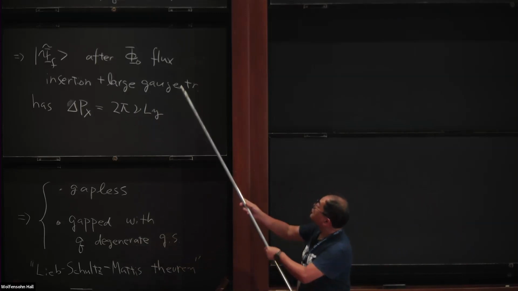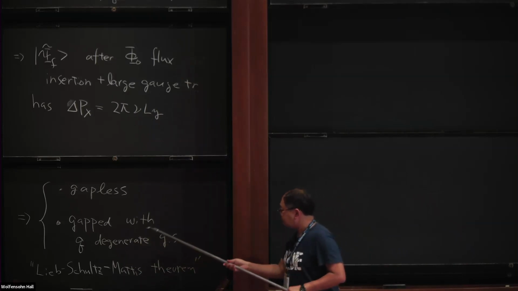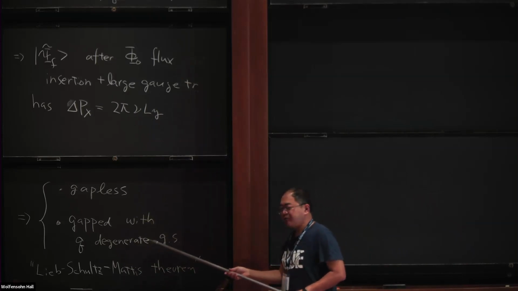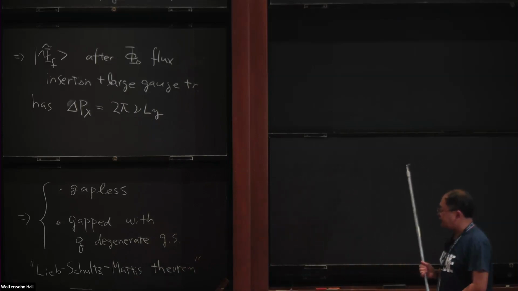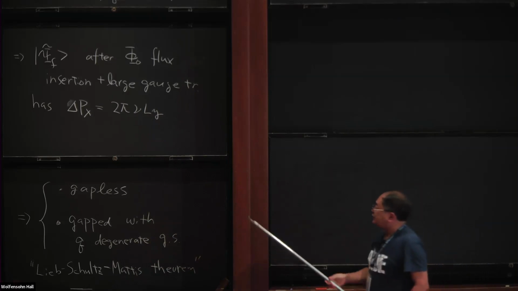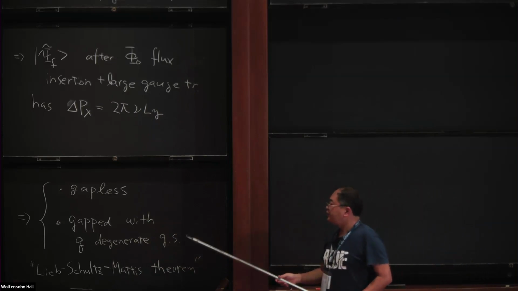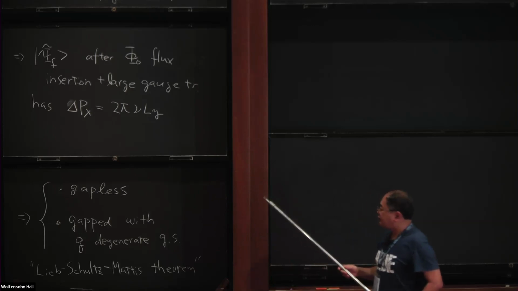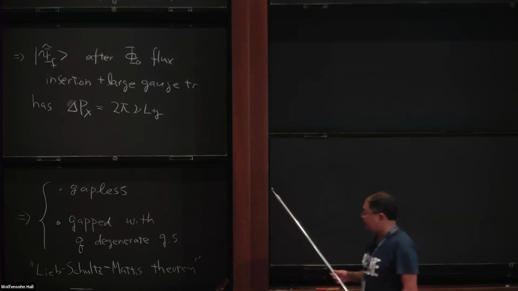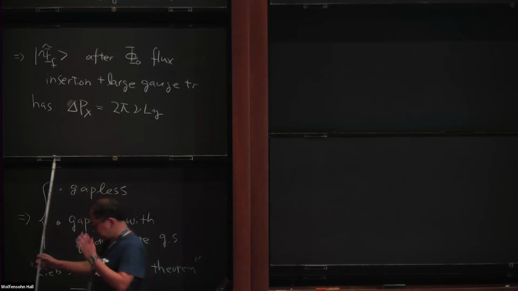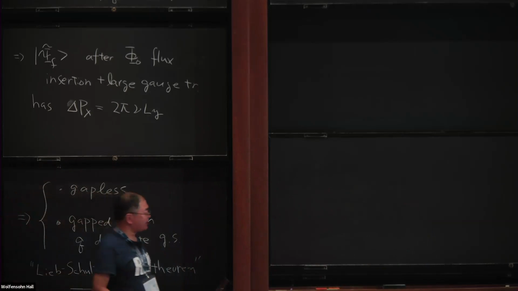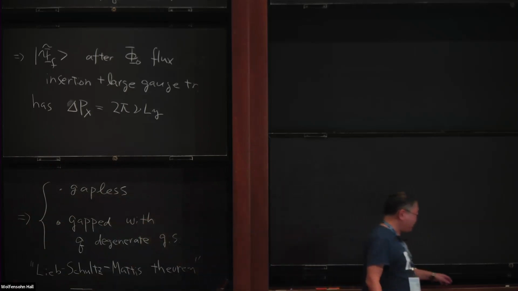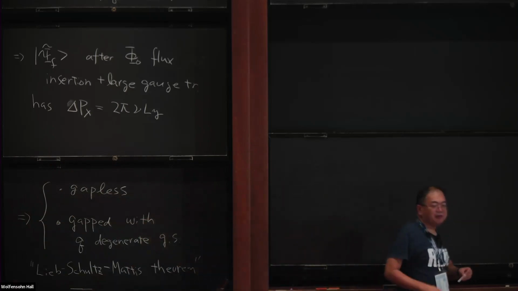So for this filling factor, if the system has a gap, then there must be at least q-fold degenerate ground states. And this is one general version of the Lieb-Schultz-Mattis theorem, although there are many more generalizations these days, but this is one of the basic forms of the Lieb-Schultz-Mattis theorem.